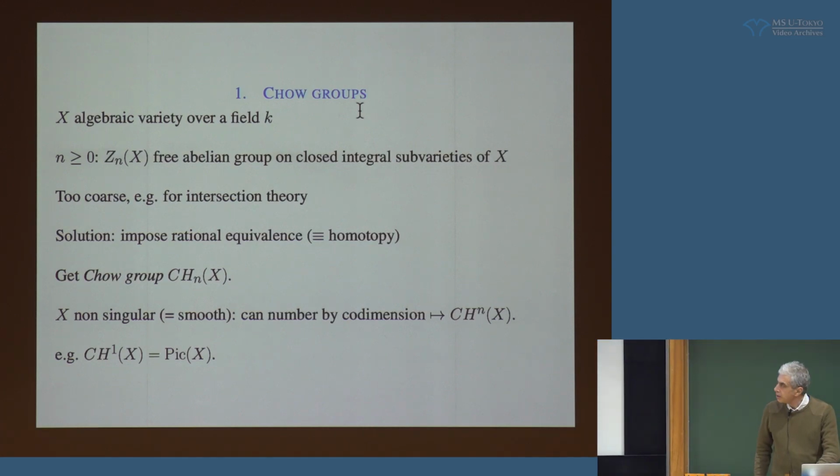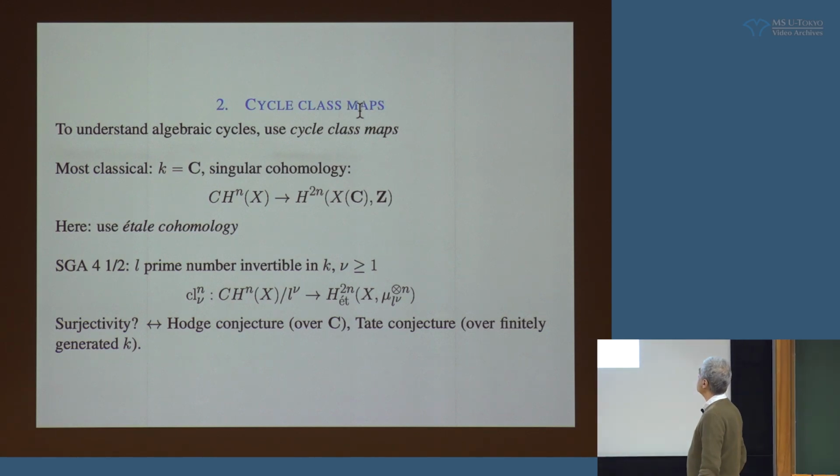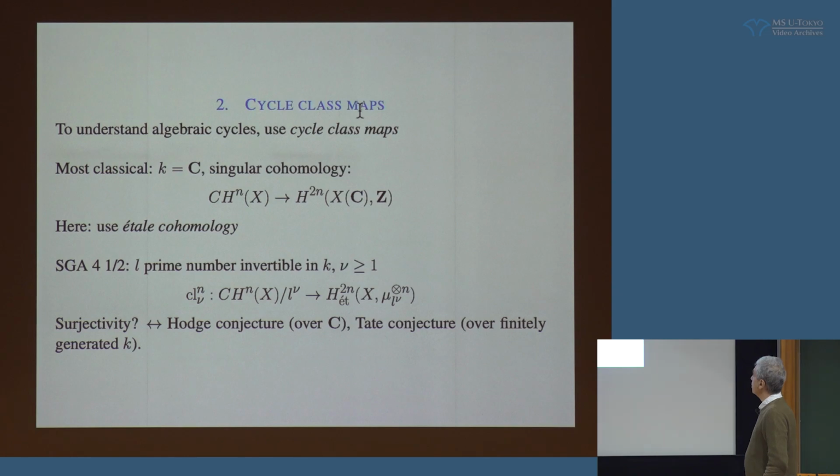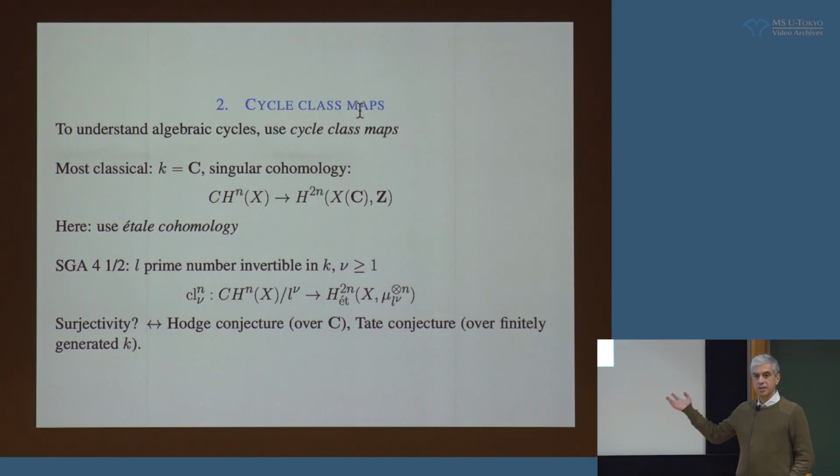Okay. So then one wants to understand these algebraic cycles, and to do that, one compares them with cohomology, and that's cycle class maps. The most classical case is when you are over C. This is what Claire said in her talk.